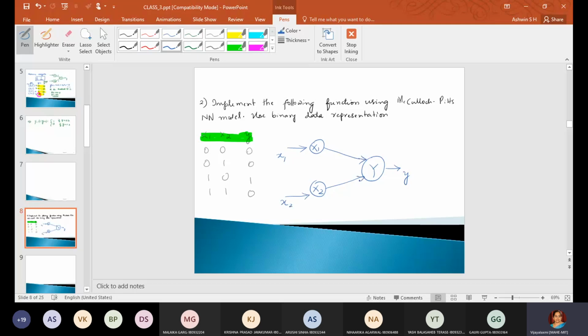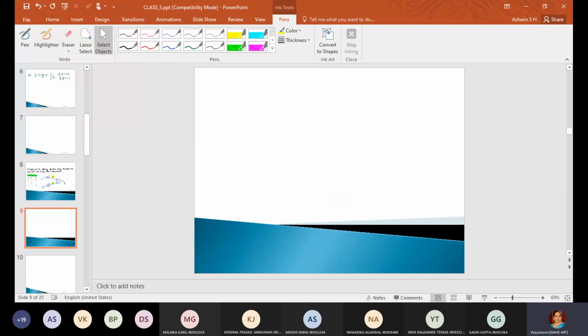What should be the value of W1 and W2? Please note, that we are going to determine using this particular approach. I don't know the values of W1 and W2, so I can decide this only after doing the analysis. How the analysis will be done, I will explain.